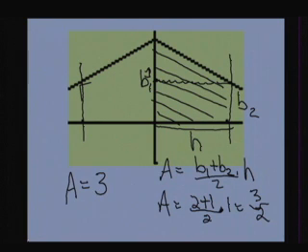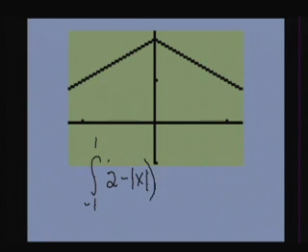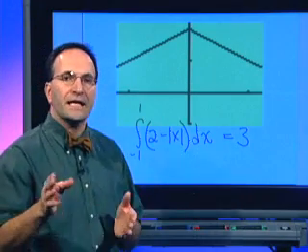What it tells us is that the definite integral from negative 1 to 1 of 2 minus the absolute value of x dx is equal to 3.